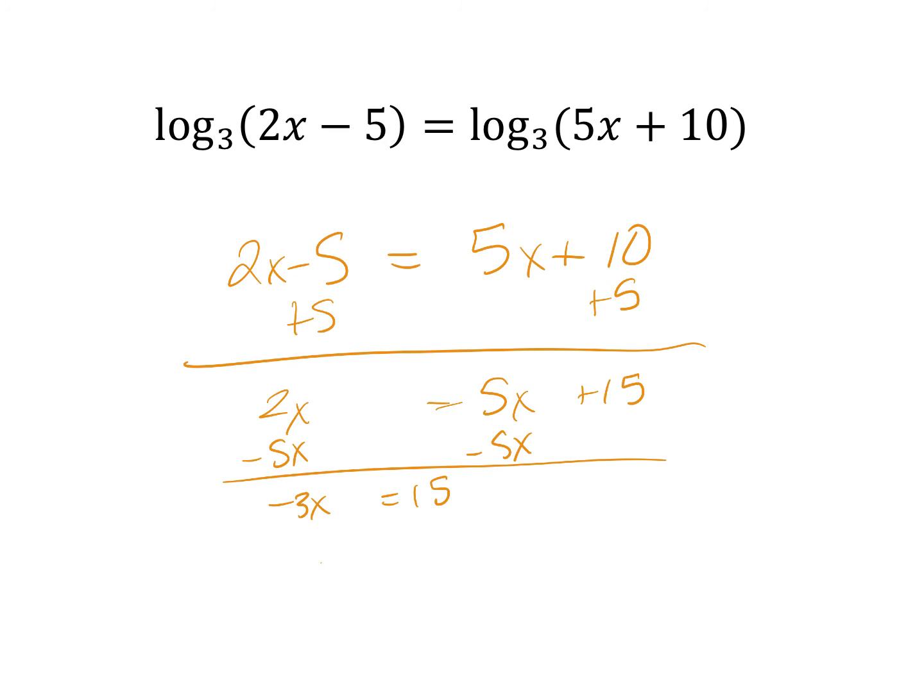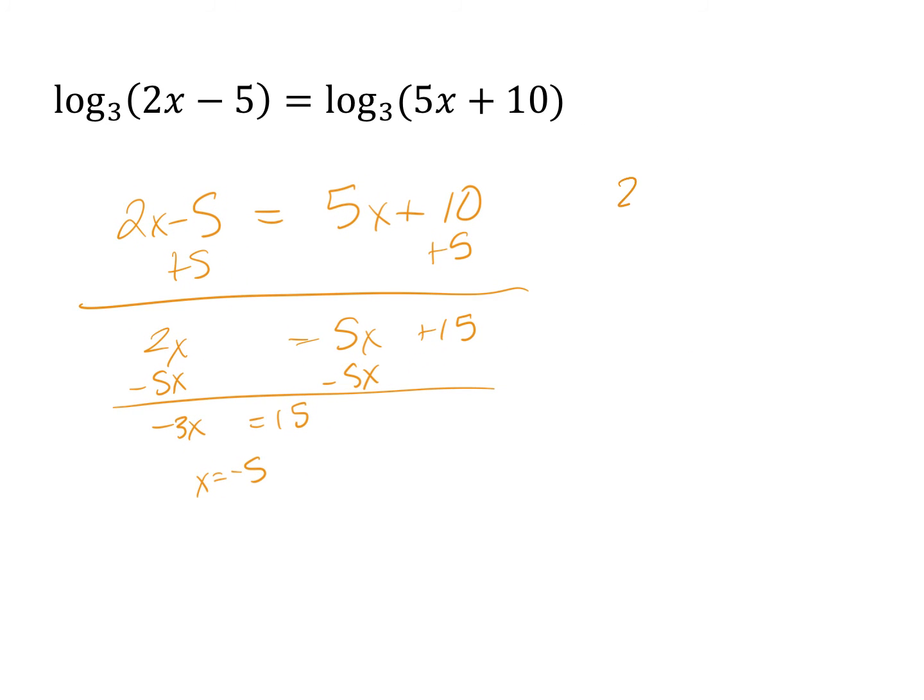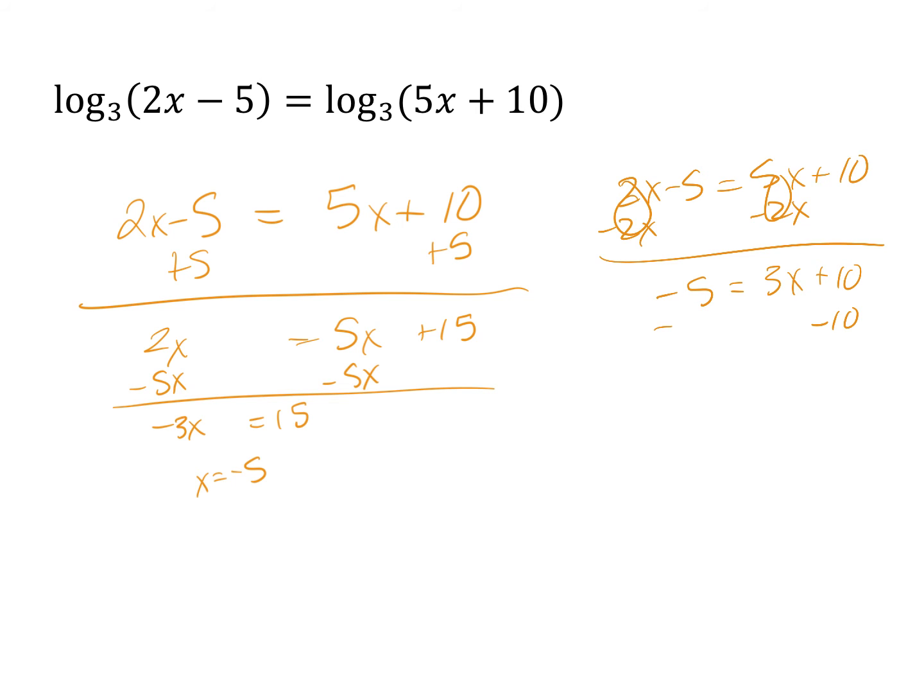So x equals negative 5. You could also, at the beginning, subtract 2x first, that's fine. Then I get negative 5 equals 3x plus 10, and subtract the 10, and now we've got negative 15 equals 3x. So both of them end up with x equals negative 5, yeah?